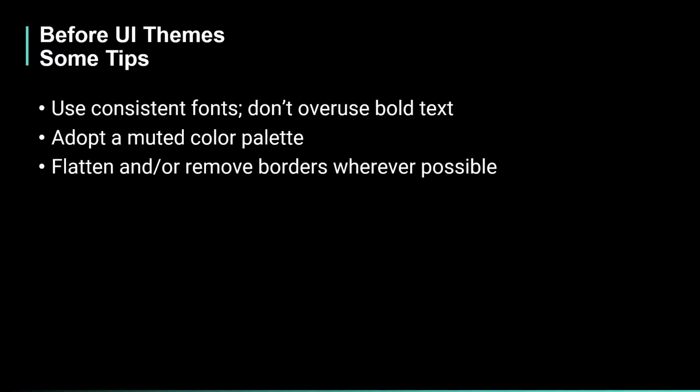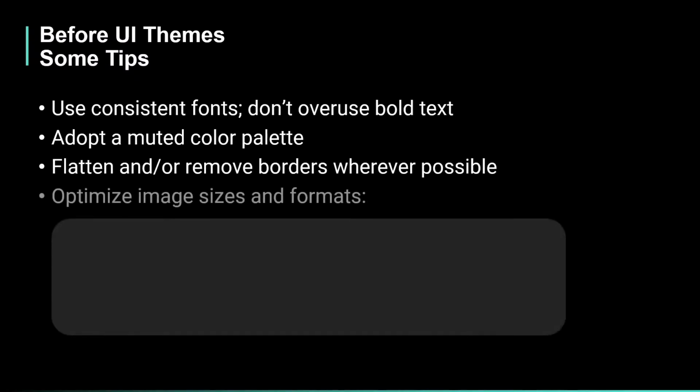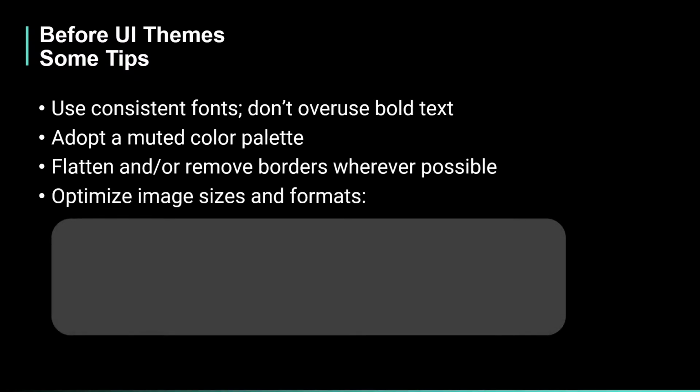Here are some quick tips that we followed to try to optimize the appearance of our app. Use consistent fonts, don't overuse bold text. Adopt a muted color palette, so be subtle and don't try to call attention to yourself. Flatten and/or remove borders wherever possible. And finally, use optimum image sizes and formats.